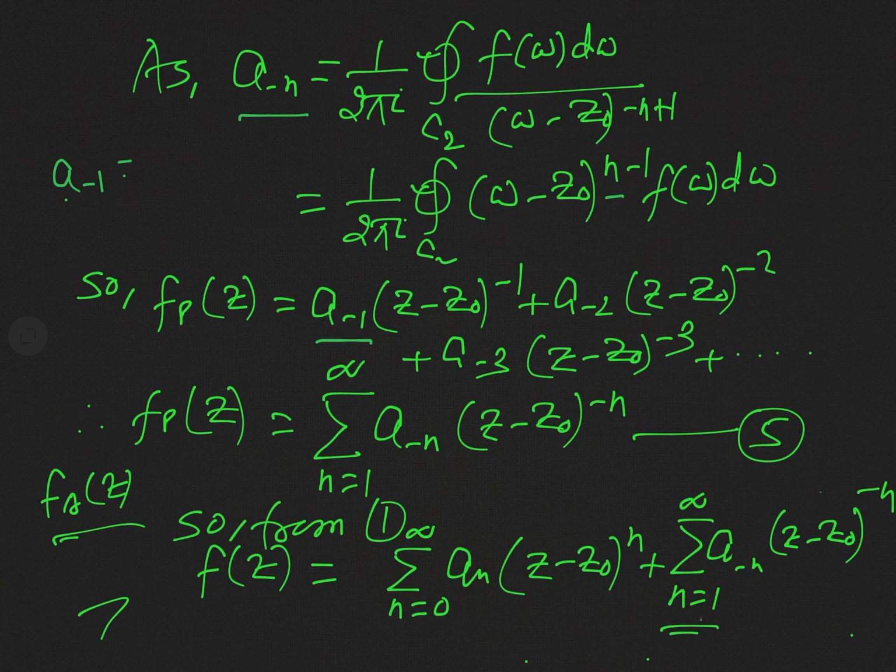So the second term will be a minus 2 times z minus z naught to the power minus 2, and so on. In this way, this fp of z can be written in compact form as summation n equal to 1 to infinity a minus n z minus z naught to the power minus n.